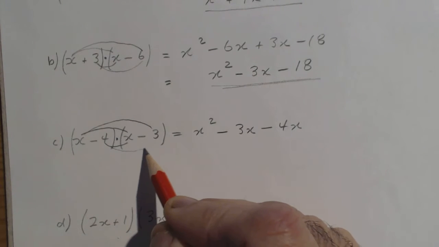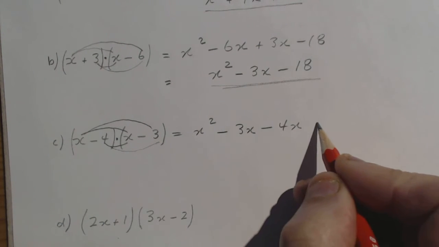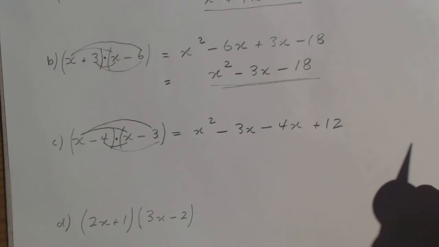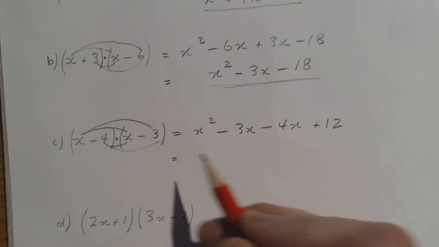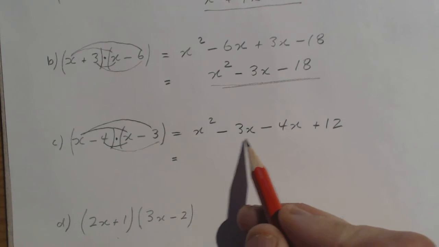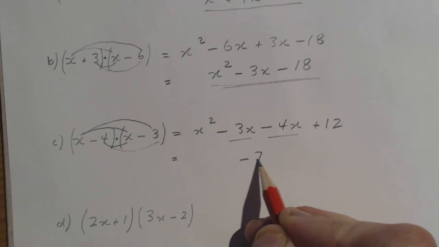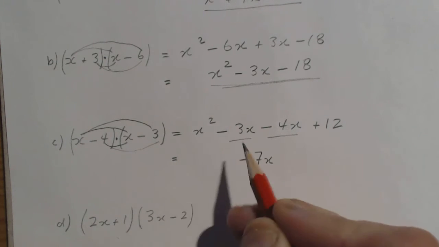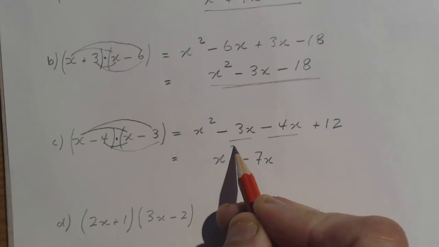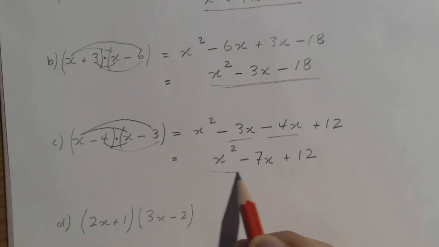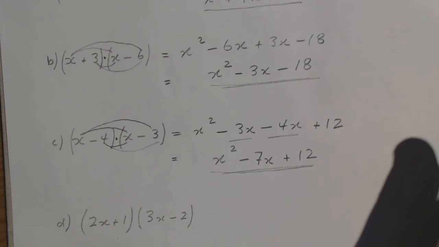Minus 4 times minus 3, of course, a negative times a negative gives a positive. 4 times 3, we get 12. Now I collect any like terms. You can see we have a negative 3x, negative 4x will give negative 7x. x squared is on its own there. And also 12 is on its own. And that's our final result.